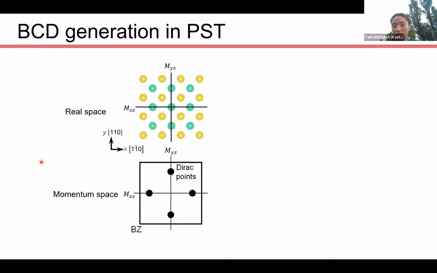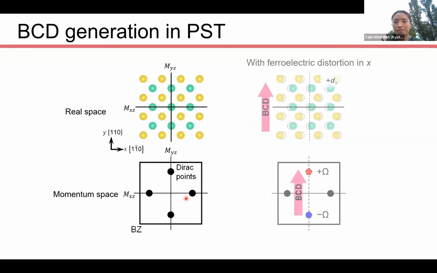Here I'd like to explain how this material can have a Berry curvature dipole. This is the image of the atoms on the 001 surface. There are 2 mirror planes, and each mirror plane protects 2 Dirac points.